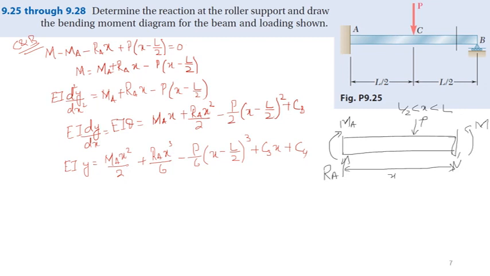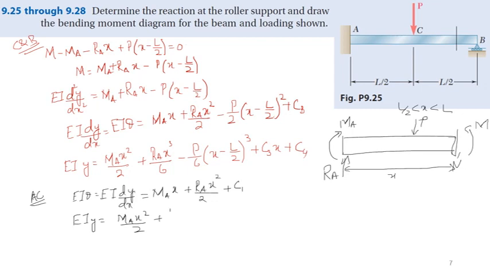The two equations that we derived for section AC were: EI theta, or EI dy by dx, equals MA x plus RA x squared by 2 plus C1, and EI y equals MA x squared by 2 plus 1 over 6 RA x cubed plus C1 x plus C2.